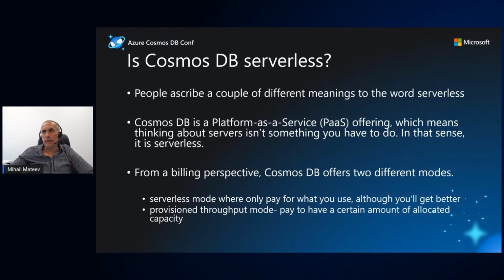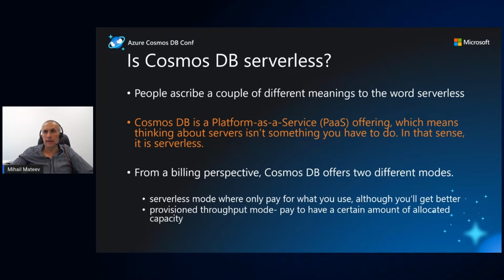Cosmos DB is serverless in two different aspects. First, Cosmos DB is platform as a service. That means you have no need to think about infrastructure. You use this component without thinking exactly how Cosmos DB works behind the scenes.